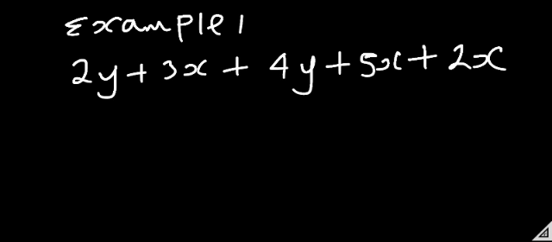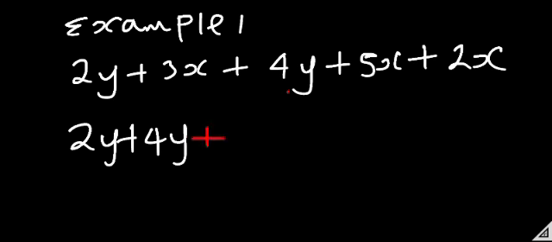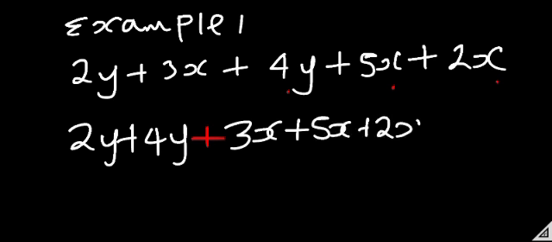Because you discover that there are many x's and there are many y's scattered. So we bring all y together and we bring all x together. So first of all, we look for all the y's and we discover that here is y. We have y here, right? So that will be equal to 2y plus 4y, right? Plus, now we bring all the x together. We have 3x here, 5x here, 2x here. So that will be 3x plus 5x plus 2x, right?